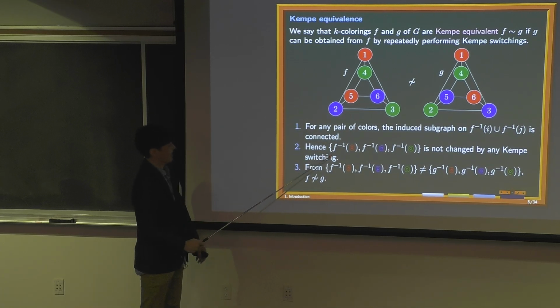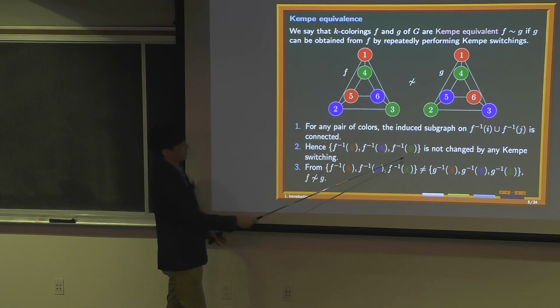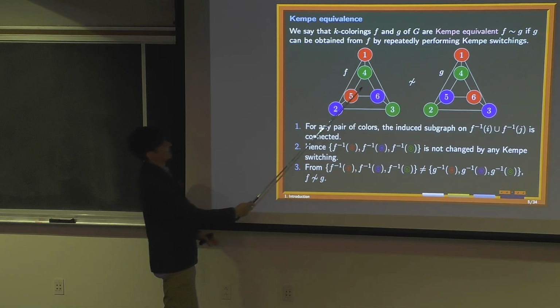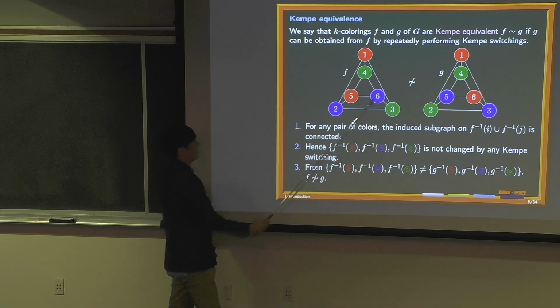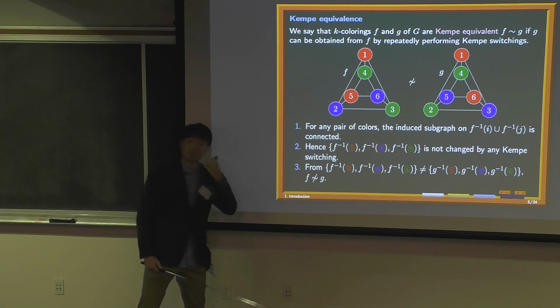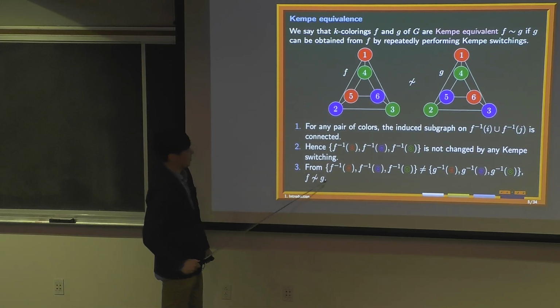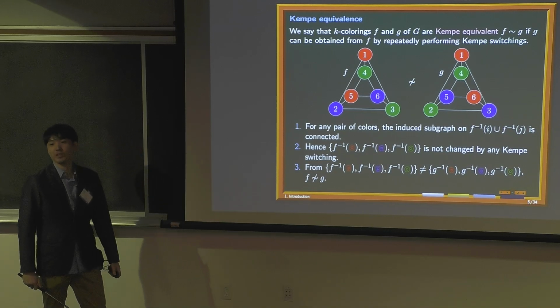This means the partition associated to this coloring is not changed by Kempe switching. But these two colorings give different vertex partitions. So this means these three colorings are not Kempe equivalent.